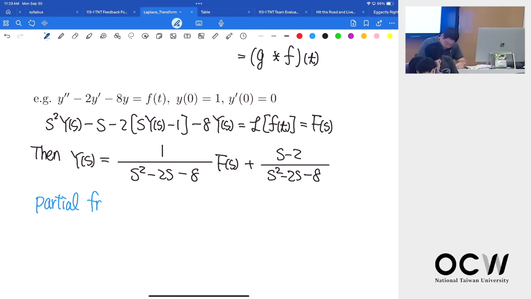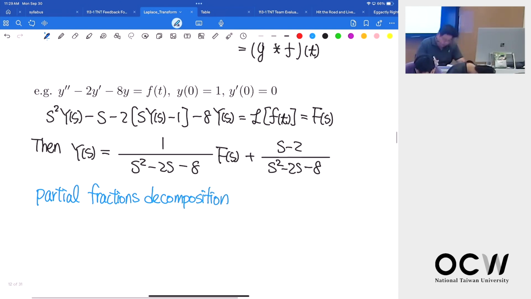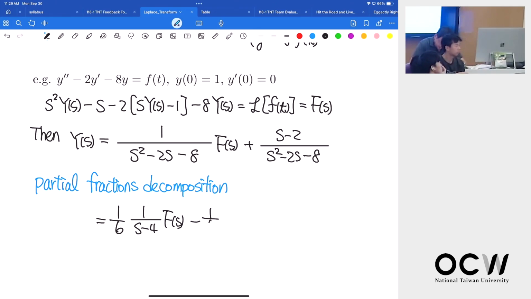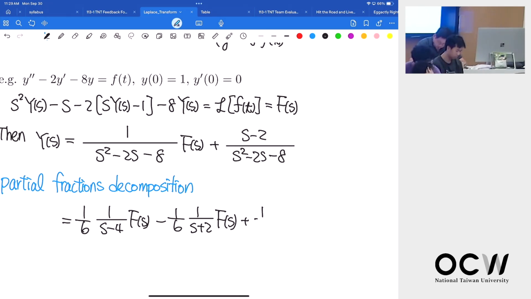Partial fractions decomposition. You get 1 over 6, 1 over (s minus 4) times F of s. The second term, the third term.